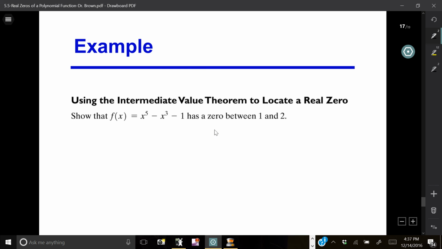And we're asked to use the intermediate value theorem to locate a real zero of this function, x to the fifth minus x cubed minus 1, to show that it has a zero between 1 and 2.